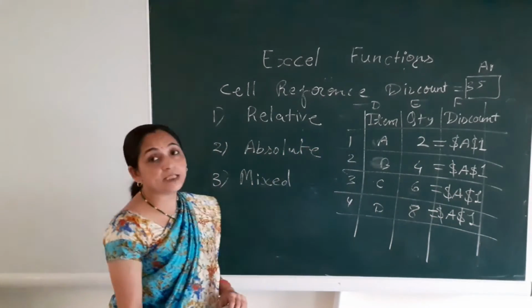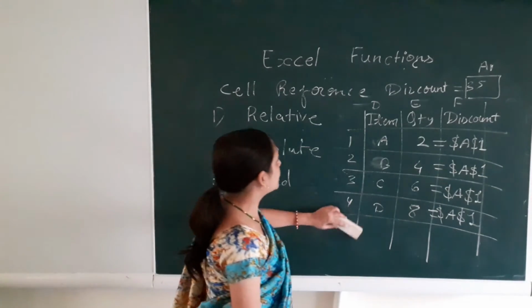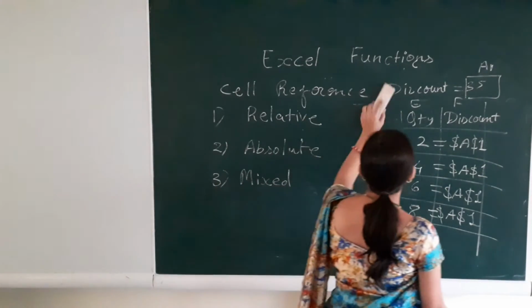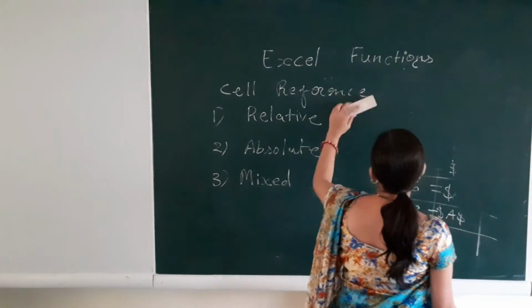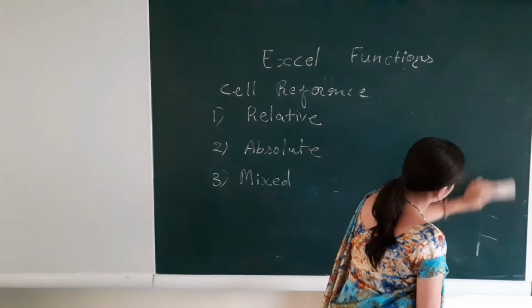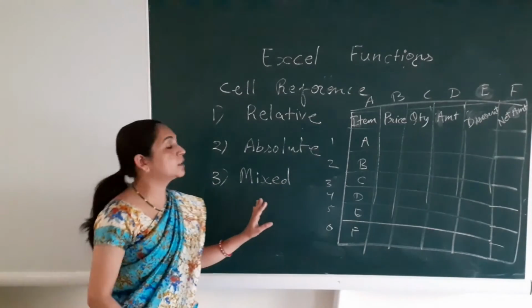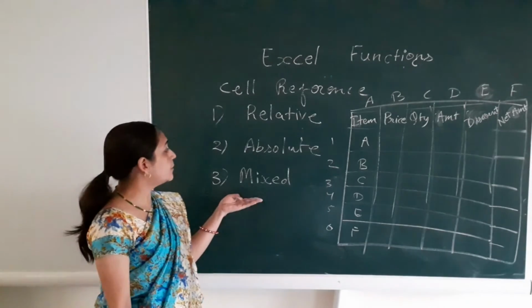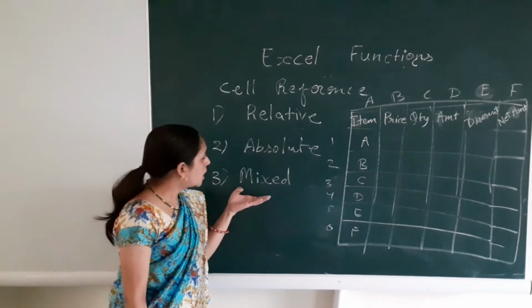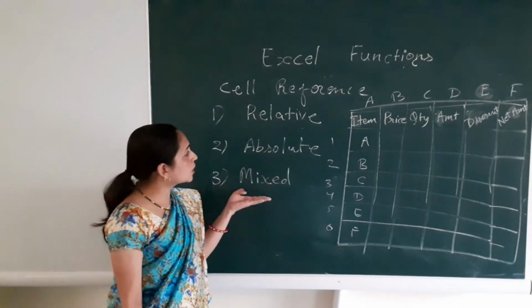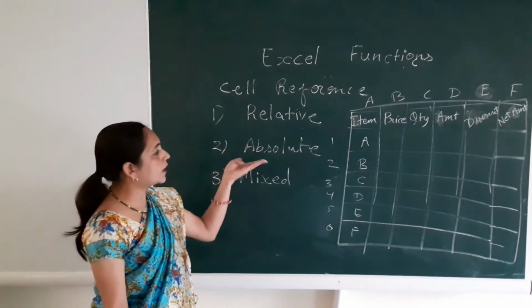Now the third type is mixed cell reference. Let's see the example of the mixed cell reference. Mixed cell reference is the combination of both relative and absolute.